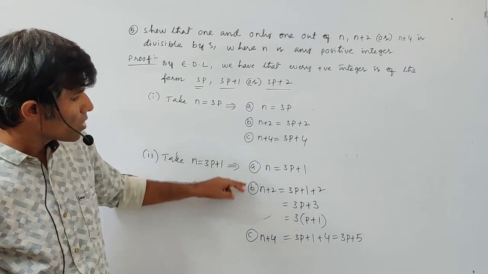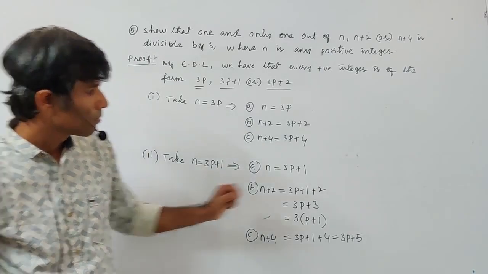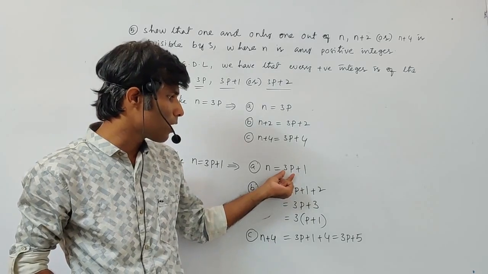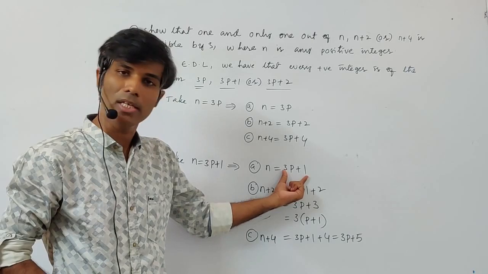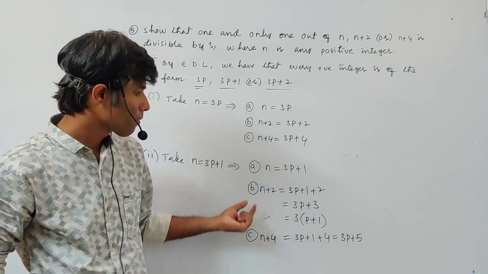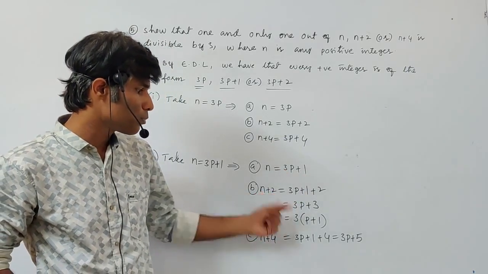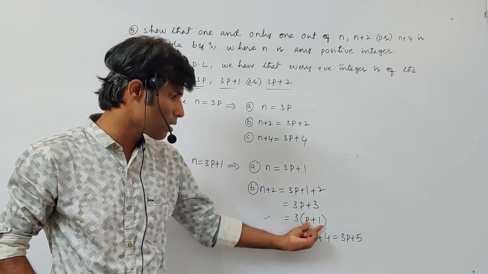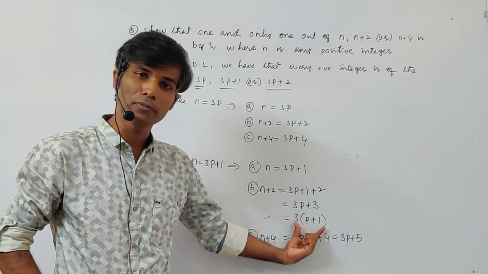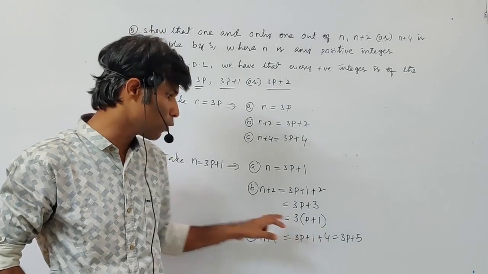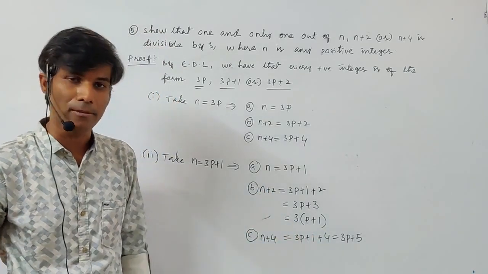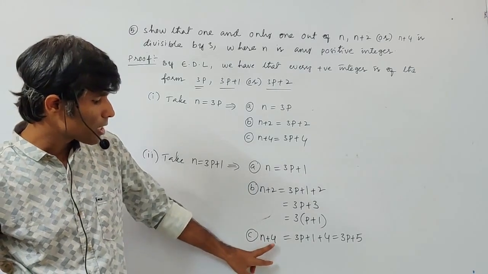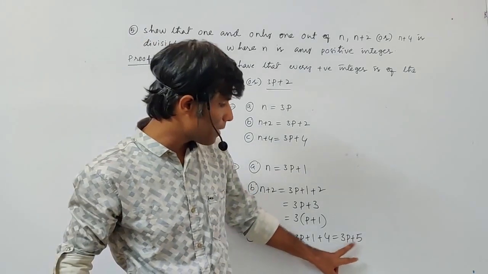If you observe these three numbers, here 3p is a multiple of 3, but 1 is not a multiple of 3. Therefore 3p plus 1 is not divisible by 3. Here let us see n plus 2. It is 3 into p plus 1. So this is the product of 3 and p plus 1. Therefore this is divisible by 3. Therefore n plus 2 is divisible by 3. Now let us see the n plus 4 value. That is 3p plus 5.